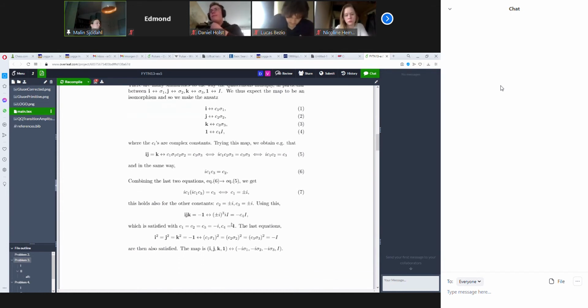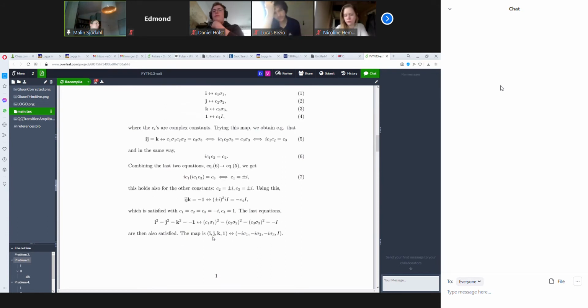And we can check that with these three constants equal to minus I and C4 just equals to 1, it is actually fulfilled. And then there is just one more equation that's supposed to be satisfied, and it already checks out. So yeah, that's one way to see that the map or isomorphism that we are after is this one.